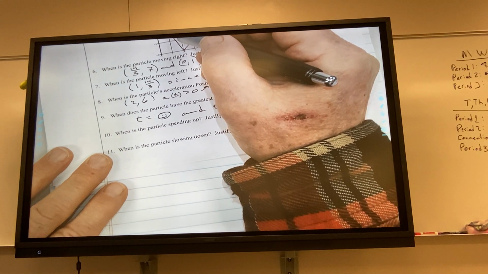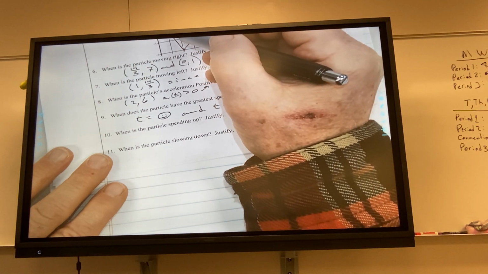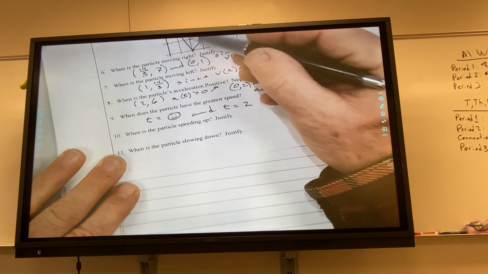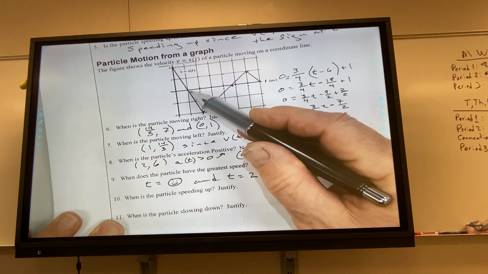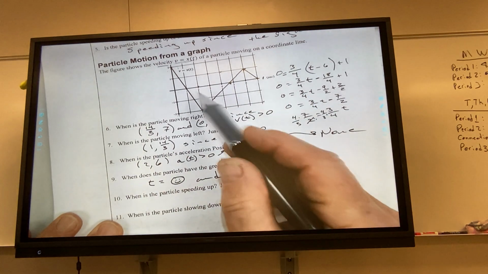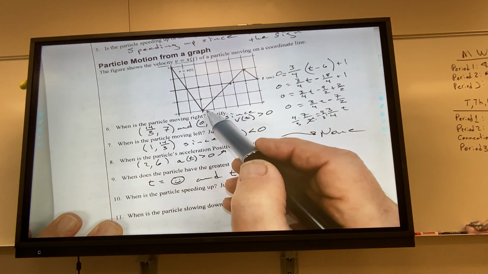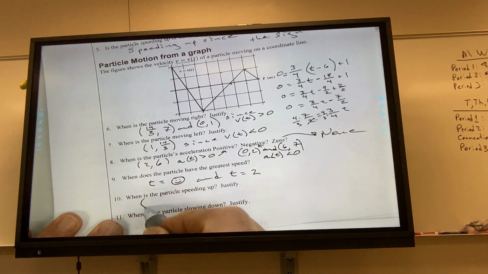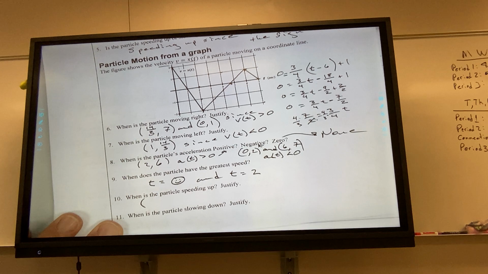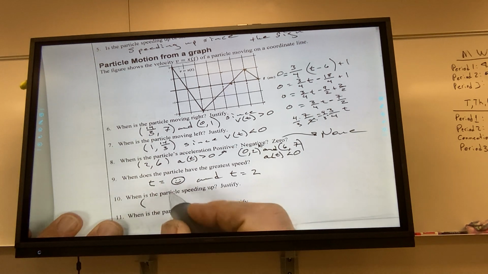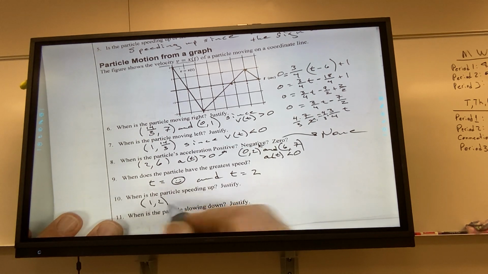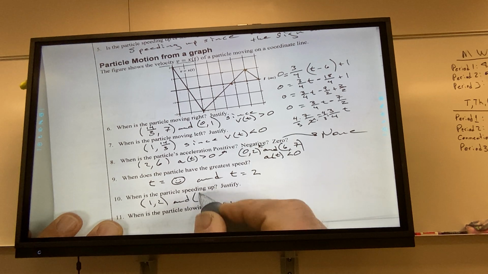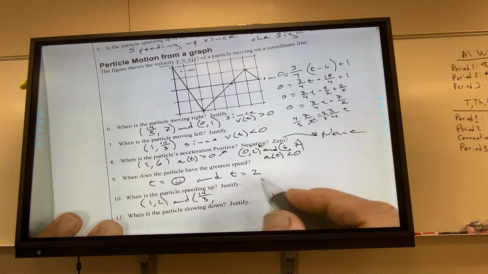Yeah. So it's moving away from the graph, correct? All right. So you would give me what interval, or intervals? 1 to 2, and then 14/3 to 6.